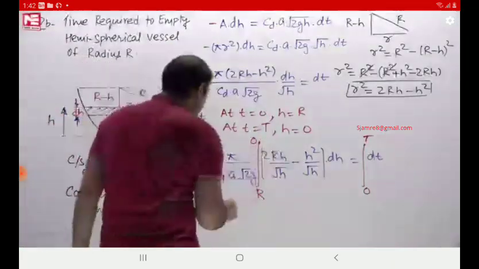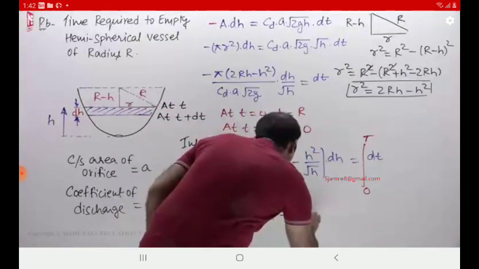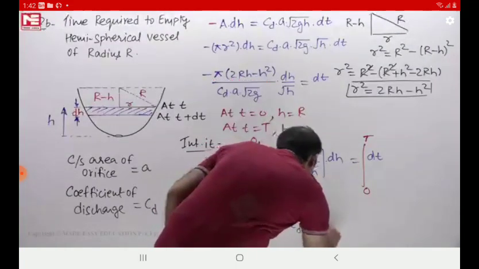So in this way, I don't have space right now here. So t is equal to pi upon CD multiplied by root of 2g.